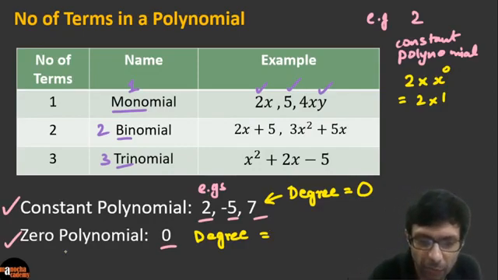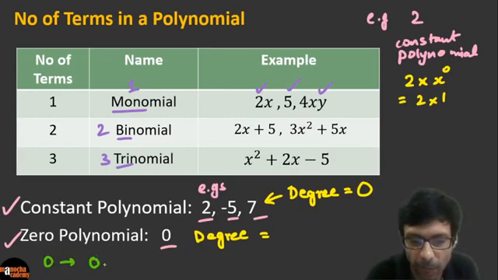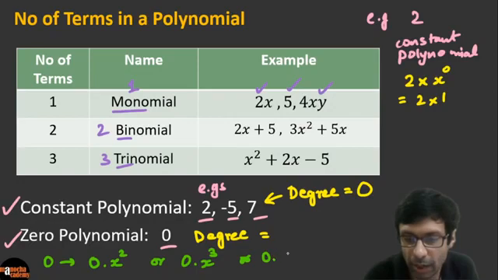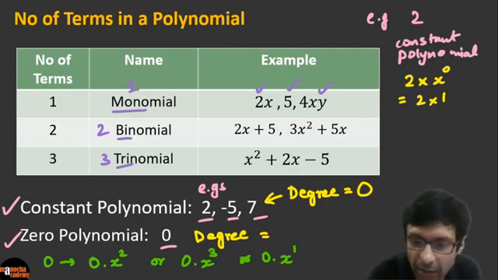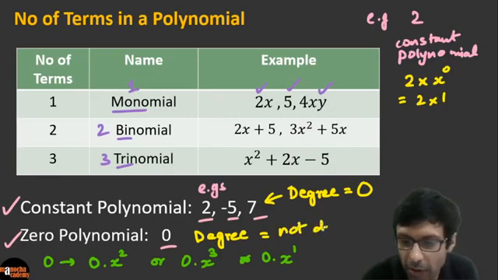This number 0 can be 0 times x squared, where the dot means multiply, or 0 times x cubed, or 0 times x to the power 1. So what do you think the degree is here? Very good, Mamta and Manjita have got the right answer. Some of you are saying infinity. No, guys, it's not defined, because it could be anything.